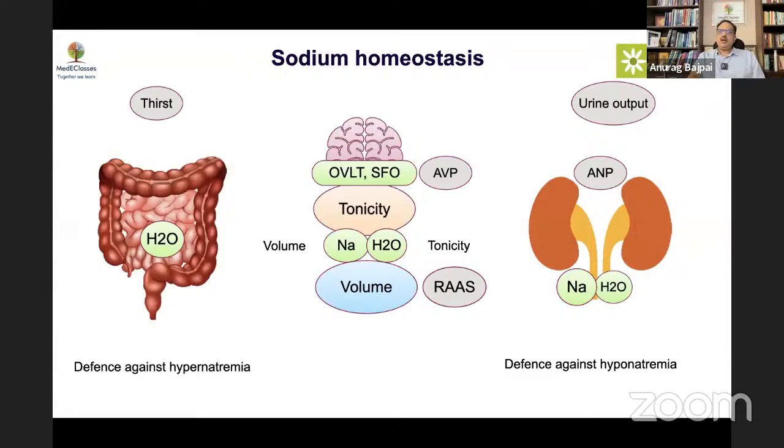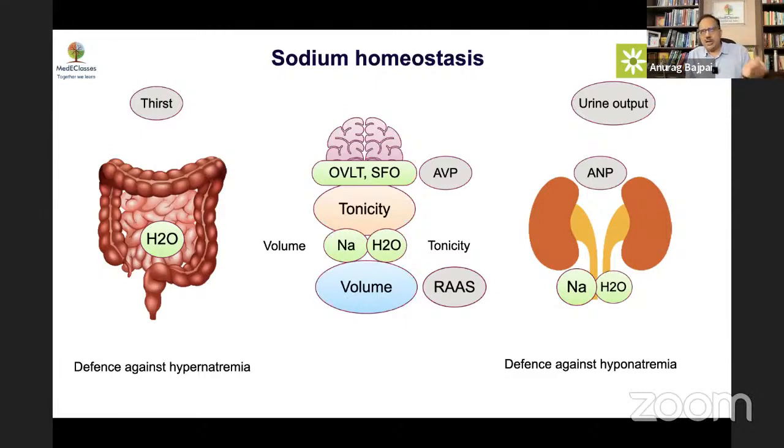So for anybody to have persistent hyponatremia, your AVP excess is important. This may be inappropriate in the setting of SIADH or appropriate in the setting of hypovolemia because of third space loss, because of adrenal insufficiency, diuretic use, or whatever in that regard.